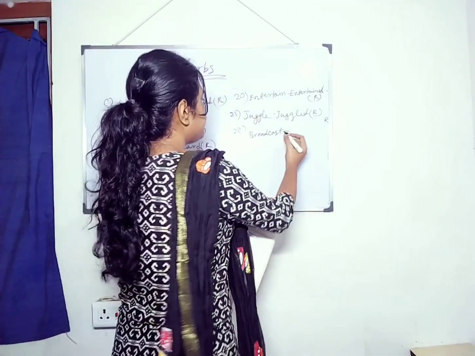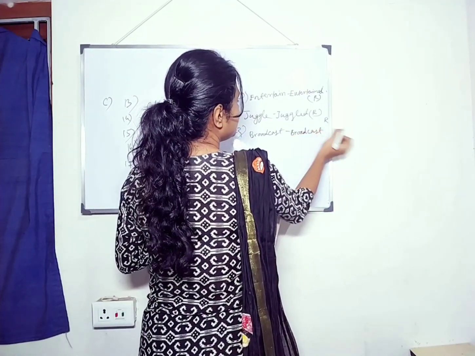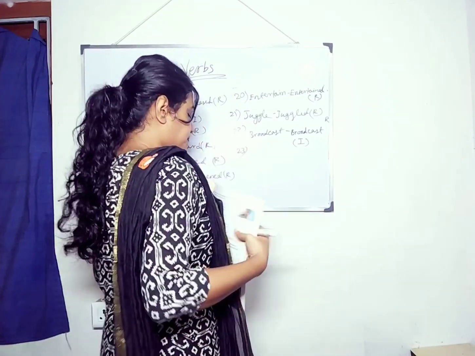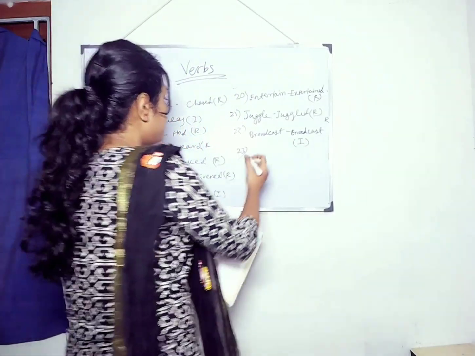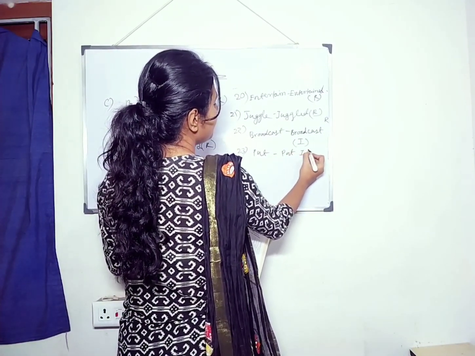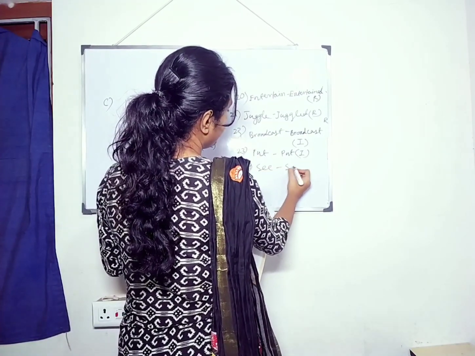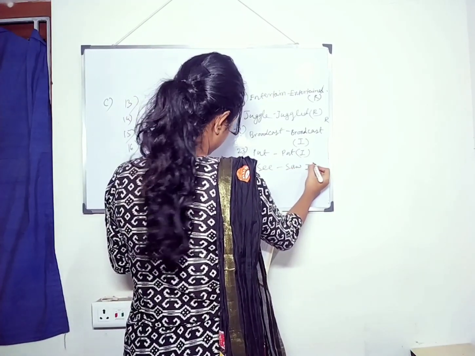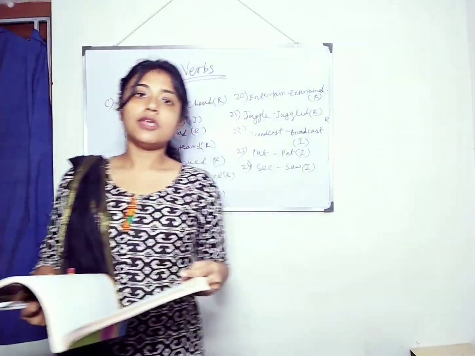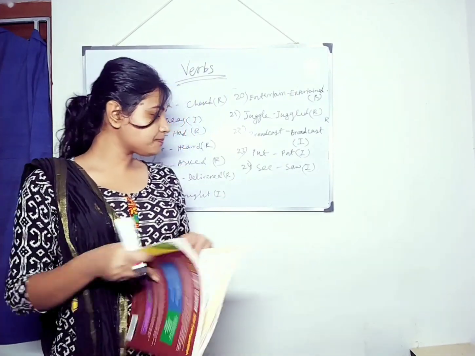So broadcast will be broadcast, and this is irregular. Number 23, put. Again put will remain the same, so it's irregular. See will become saw. It's again irregular.